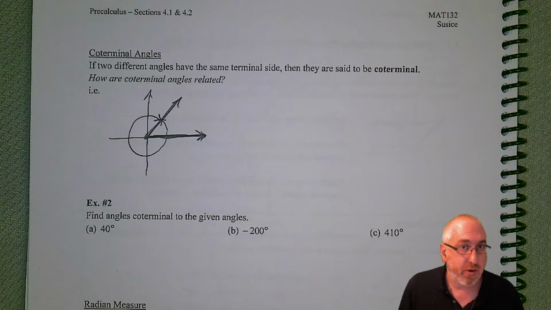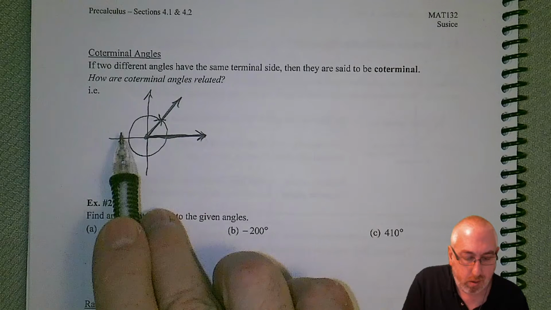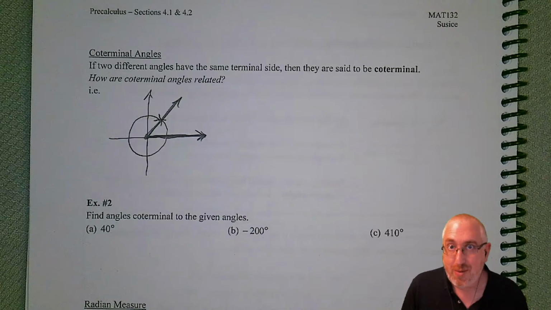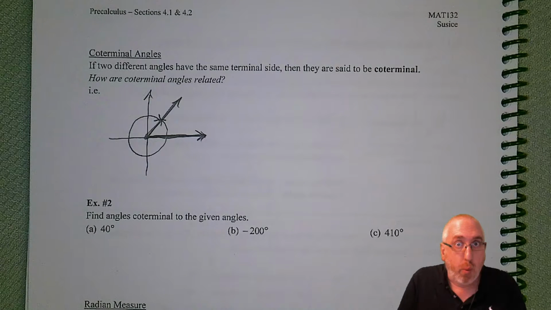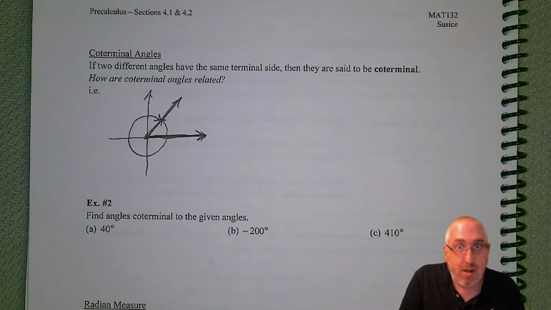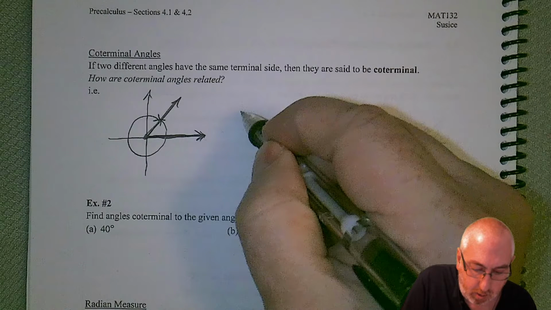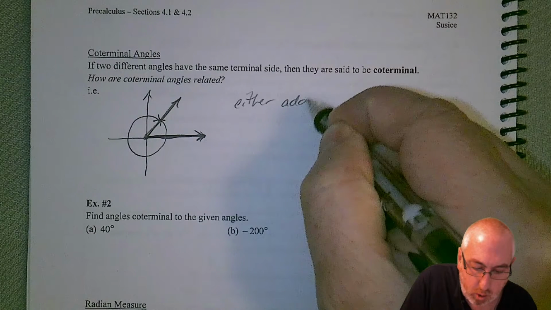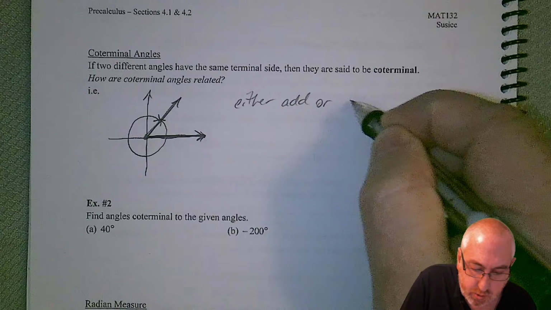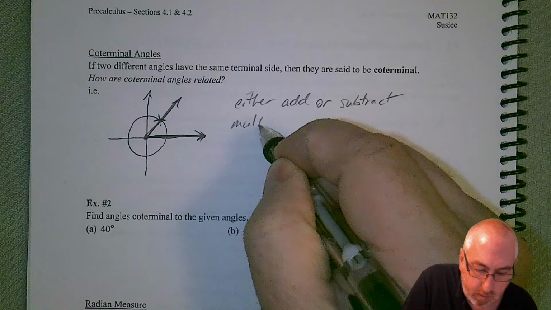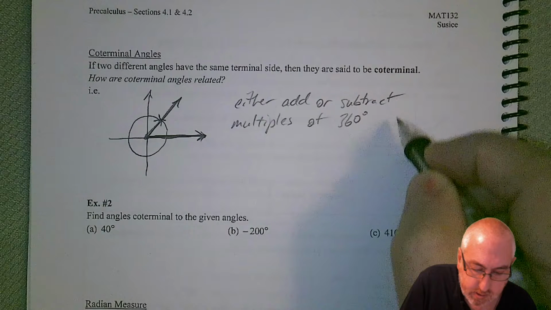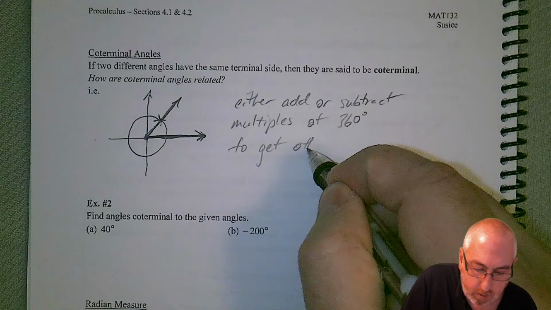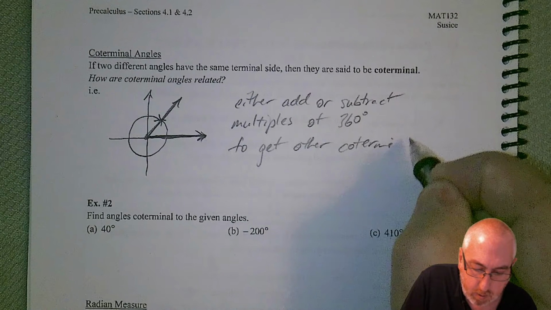How are they related to each other? What do we know about that whole loop? Yeah, it should be 360 degrees. So if we use that 360 degrees off of our initial angle, we can either add or subtract multiples of 360 degrees to get other coterminal angles.